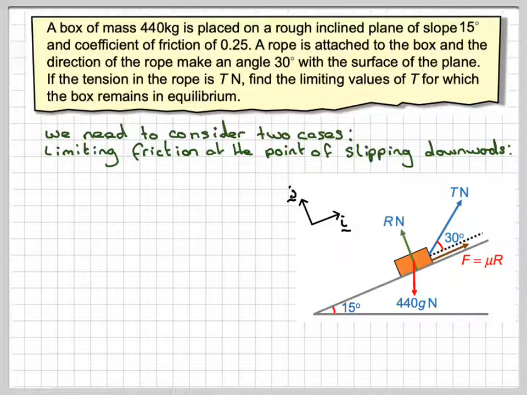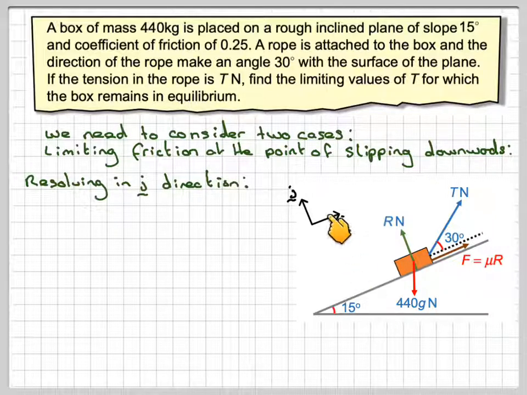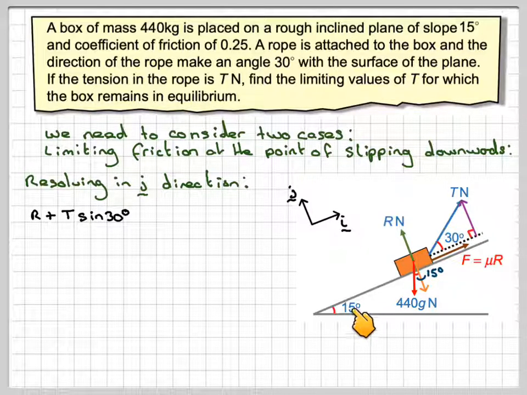If we mark on i and j, and now resolve in the j direction, in this direction, we're going to have R plus T sine 30 going in that direction, and downwards we have 440 g cos 15, since this angle is always the same as the slope angle of 15 degrees, and that will be equal to 0.